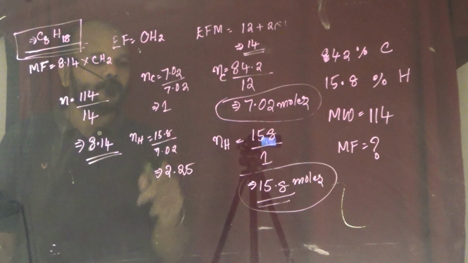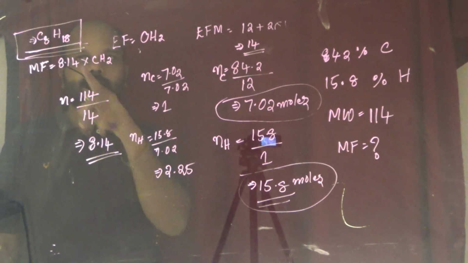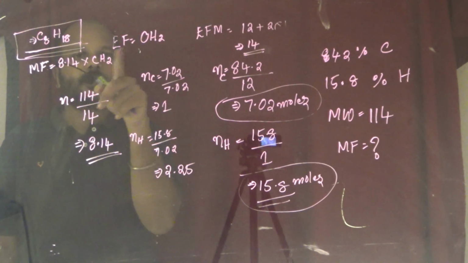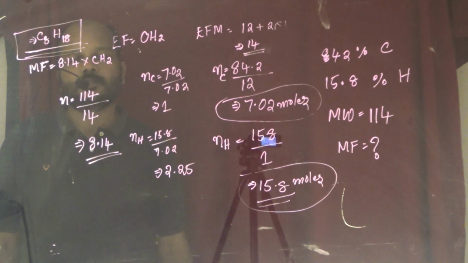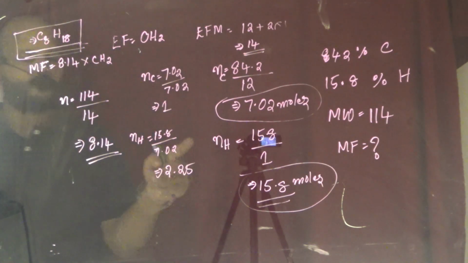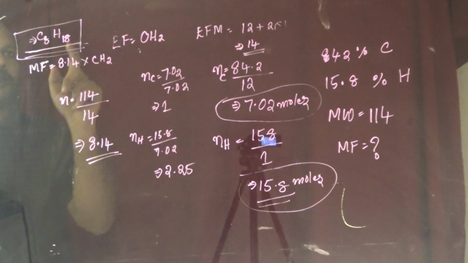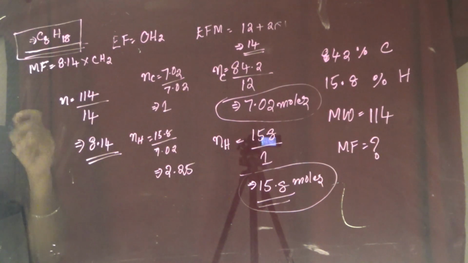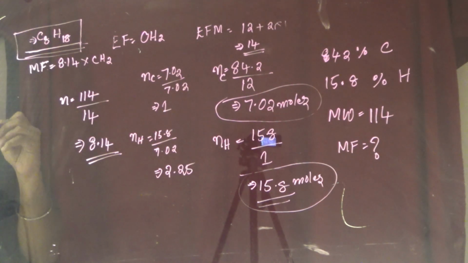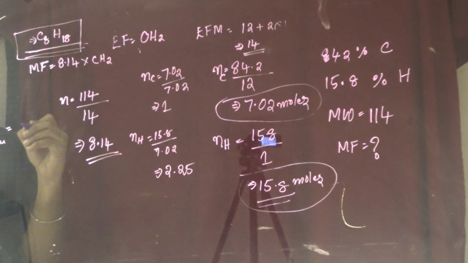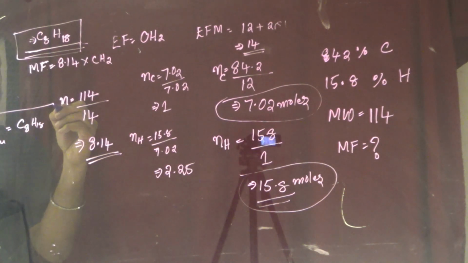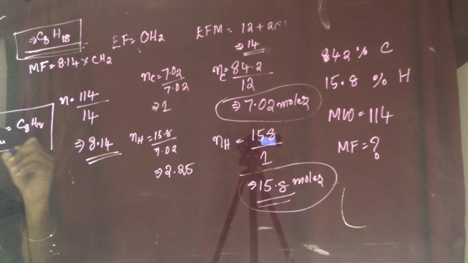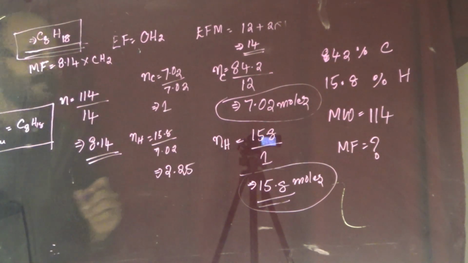If we do the calculations a little more properly, you will be getting C8H18. So the molecular formula of octane is actually C8H18.